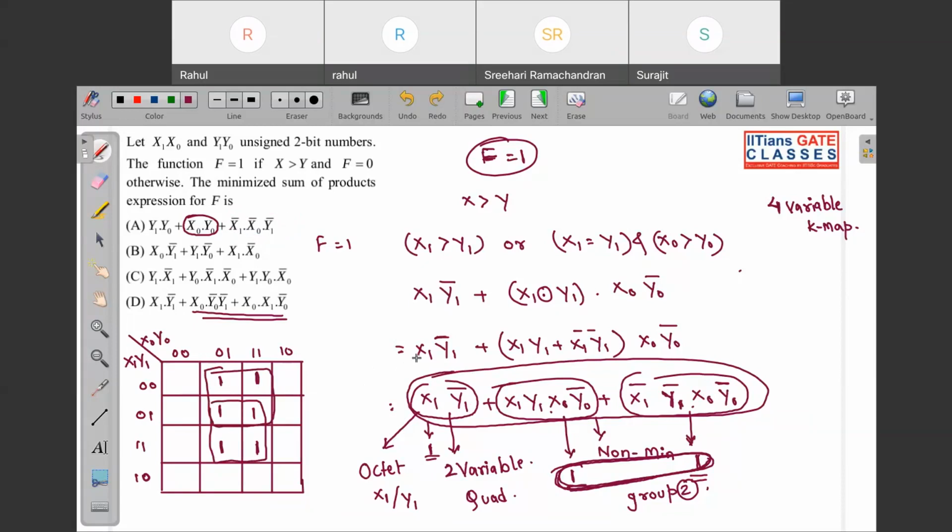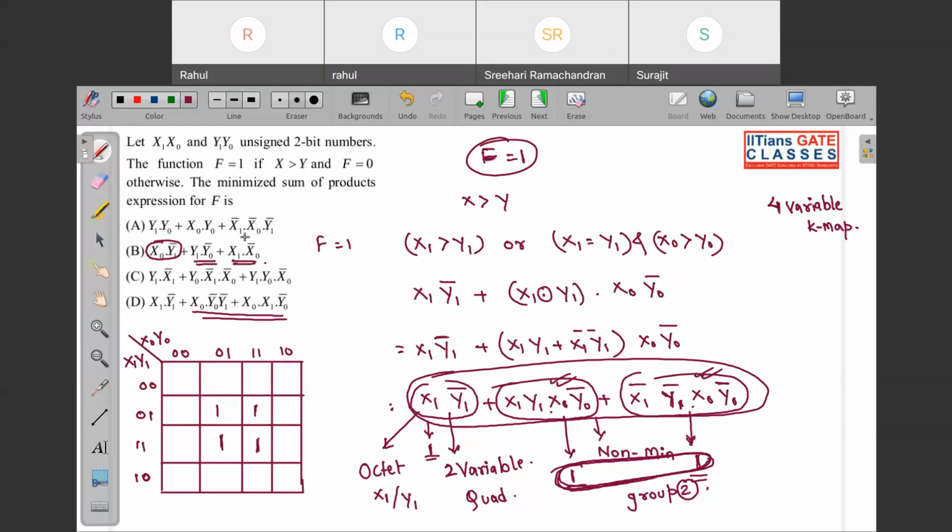Okay, now look over here in this option. Assume there is one quad. Now tell me, if I am getting this expression, how can I get 2 more quads?